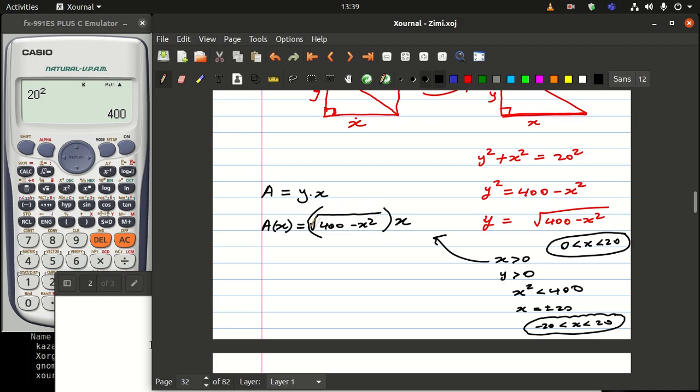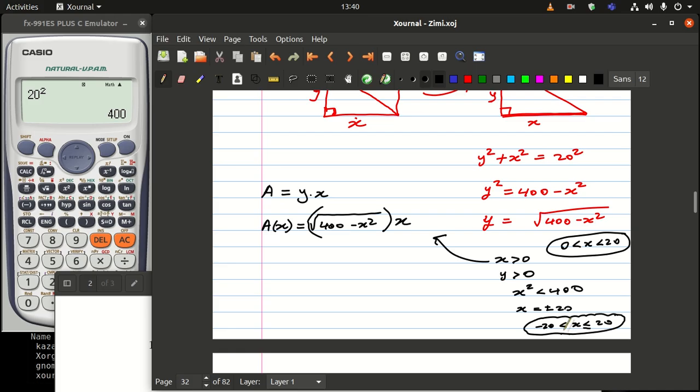You are using this one because you want what is inside the root to be bigger than or equal to 0. But now we know that our x must be bigger than 0 because x is the side. In order for us to have a rectangle, one side must be greater than 0.